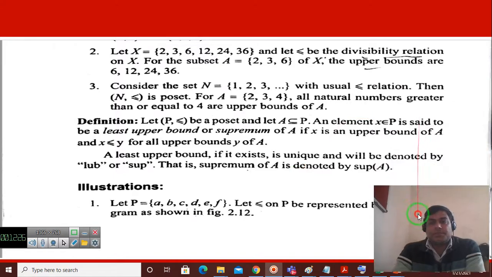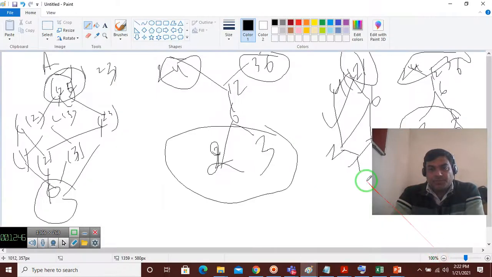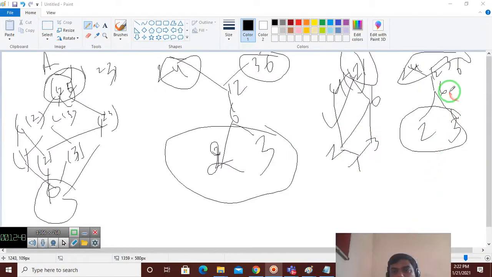Next, the set {2, 3, 6, 12, 24, 36}. Make the divisibility relation for the subset {2, 3, 6}. The upper bounds are 6, 12, 24 and 36; above the 6, just 6, 12, 24 and 36.